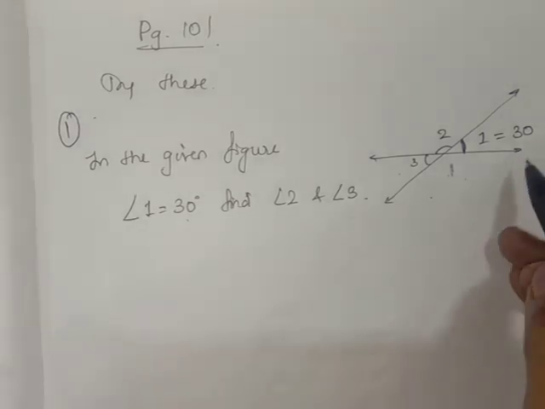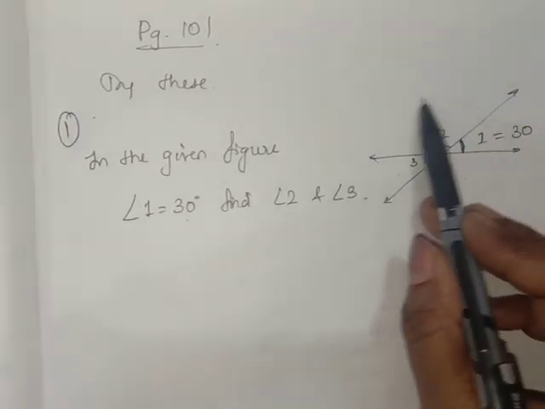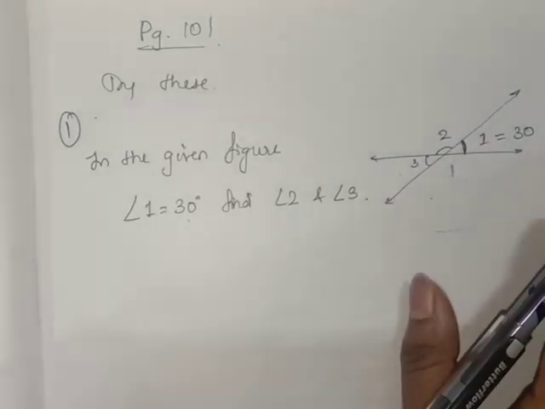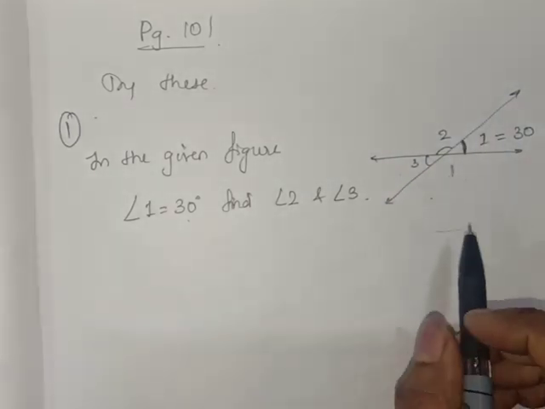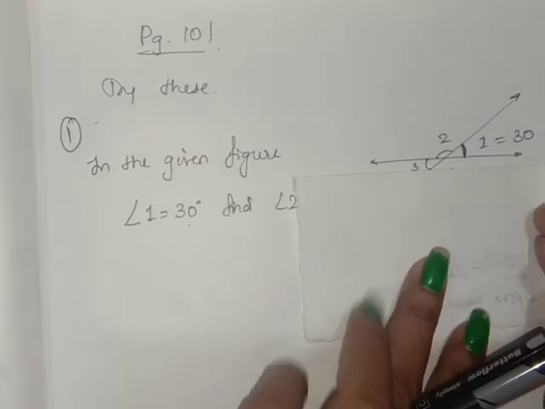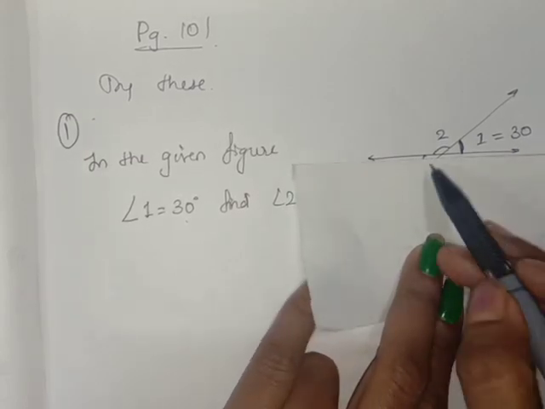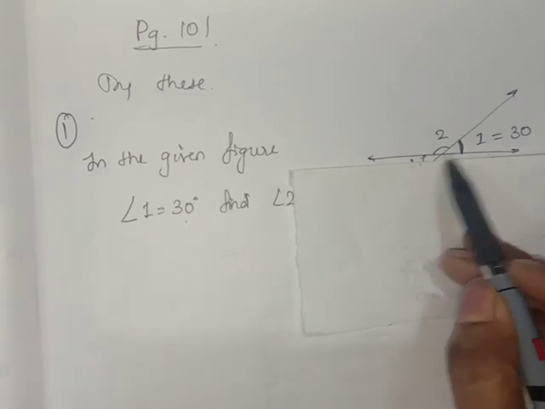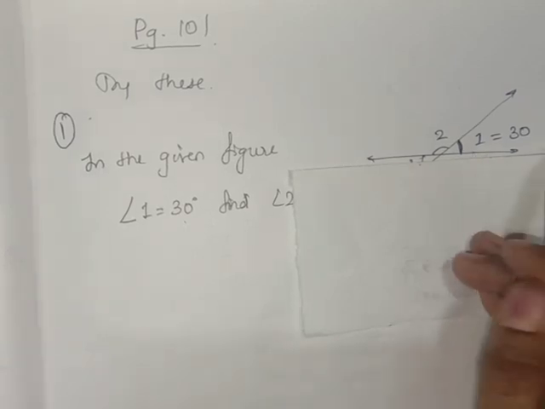Now always the total is 360 degrees when vertically opposite angles are given. When you hide this part, can you see it is 180 degrees? A linear pair of angles is formed. So this is 180 degrees.